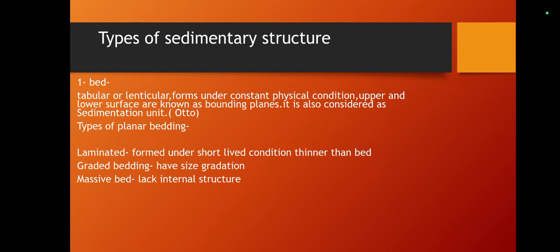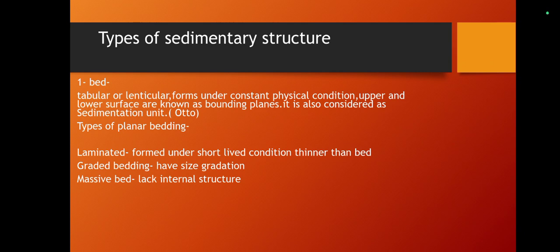It generally forms under turbidity conditions. Turbidity is something which forms at a very high angle and needs a very speedy way of deposition, and something which is very sudden is known as a turbidity current.